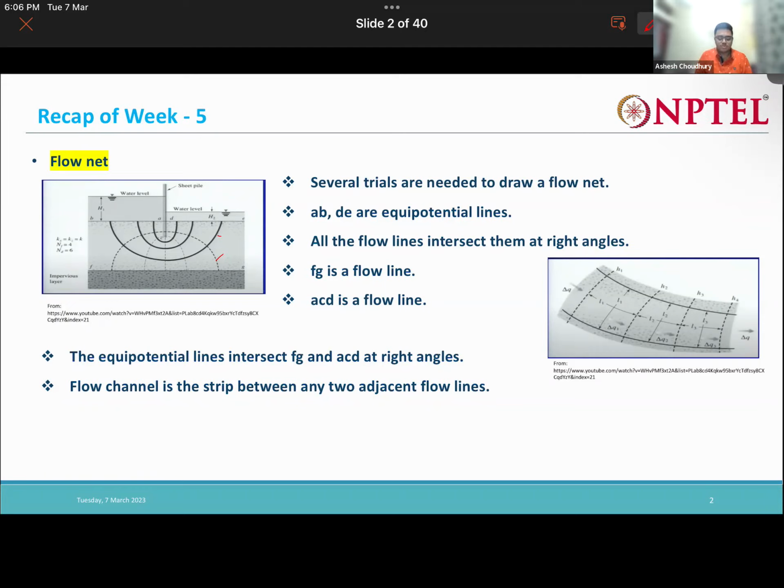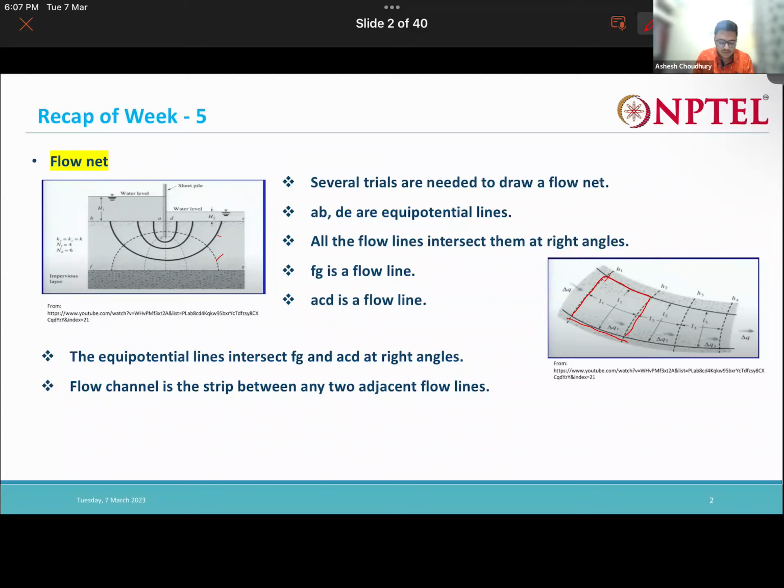One more important criterion is that the flow elements, formed by the intersection of the flow lines and the equipotential lines, should be approximately equal to squares. So this dimension should be approximately equal to this dimension.